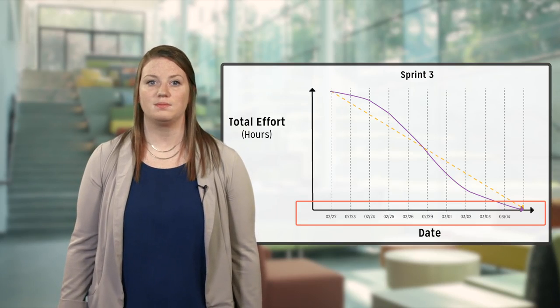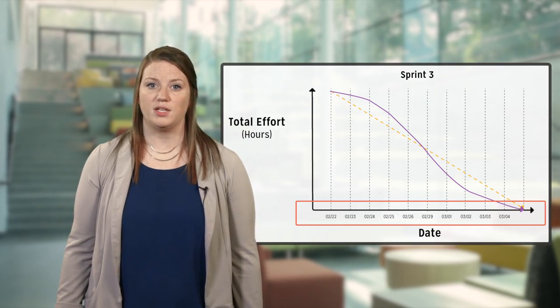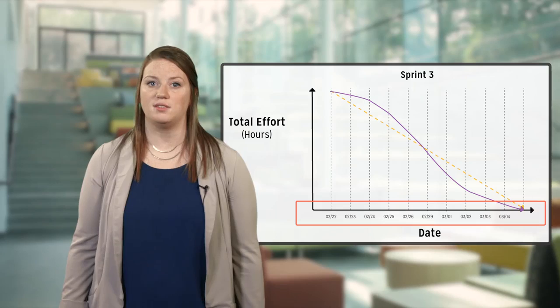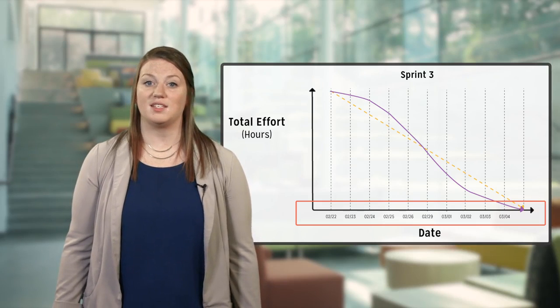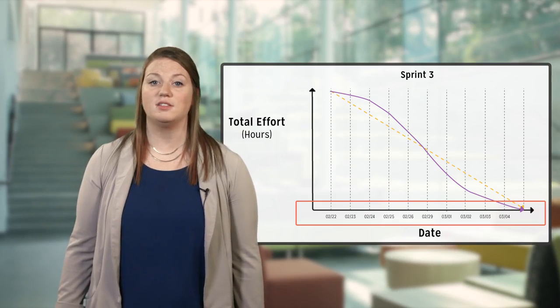Only working days should appear on the iteration burndown. They should not include weekends or holidays unless work is scheduled to be done on those days. This iteration burndown represents a 2-week sprint that includes 10 working days. You'll notice that the weekend is accounted for and the dates jump from February 26th to February 29th.